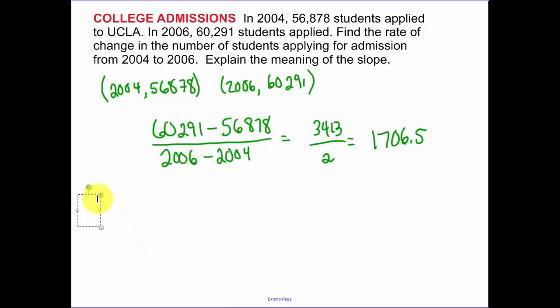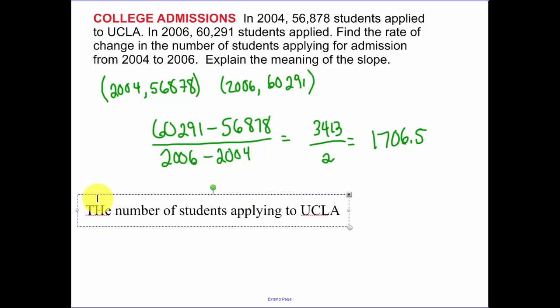Okay, so the meaning behind this. The number of students applying to UCLA rose, so you have to tell me that, that's important. Rose. If it was negative, you'd say declined or went down or something like that.